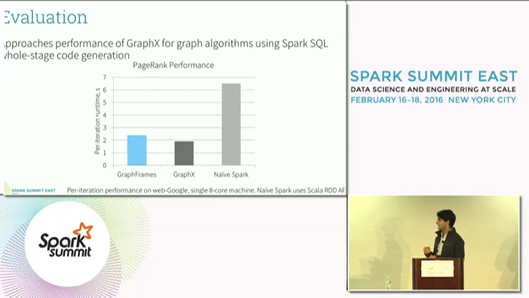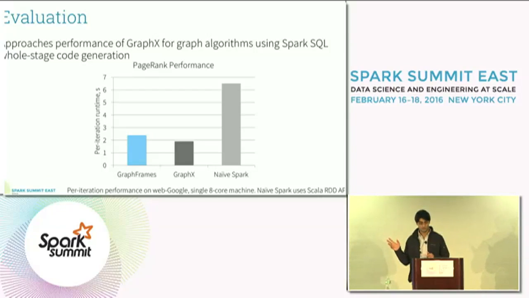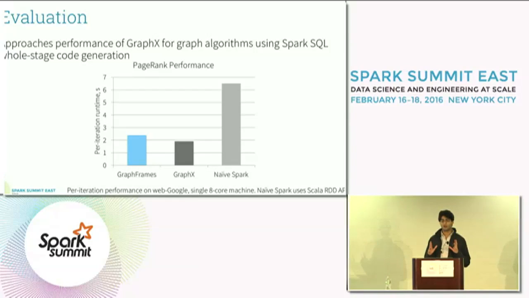GraphX used a bunch of techniques to reduce communication, but because it didn't have whole-stage code generation that Spark SQL now has in the Spark 2.0 preview, it still had this hard-to-avoid JVM overhead. So just by reusing this engineering effort, and without putting too much research effort into it, we're able to already be competitive with GraphX.